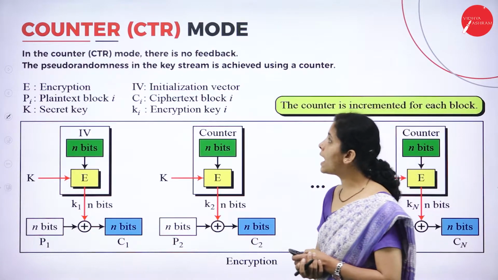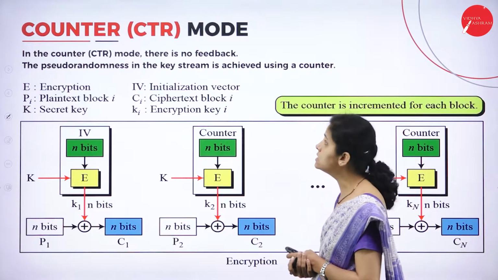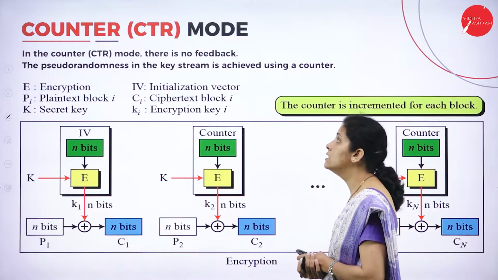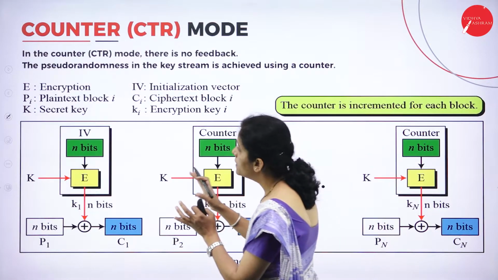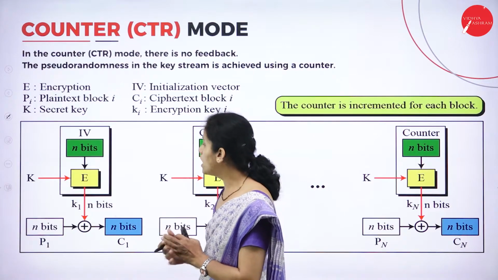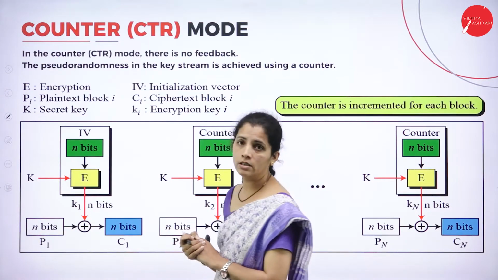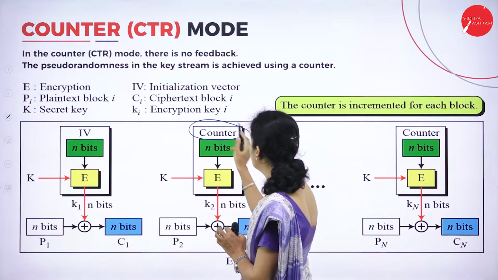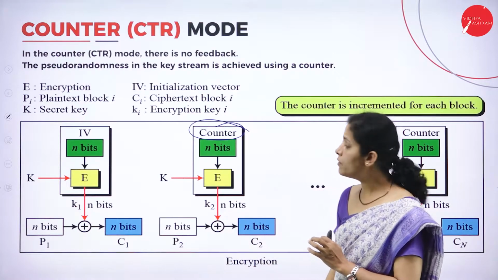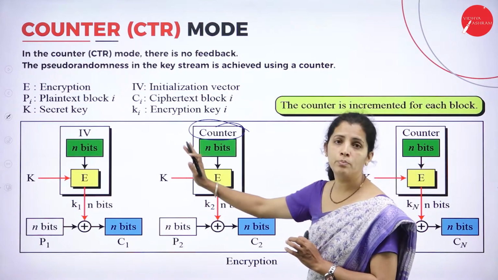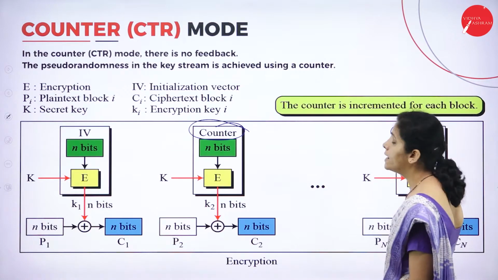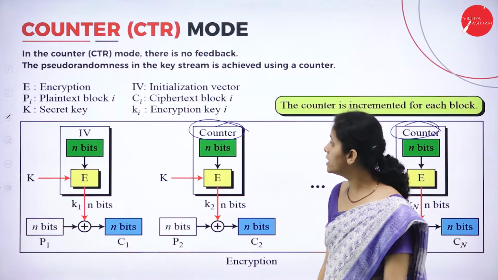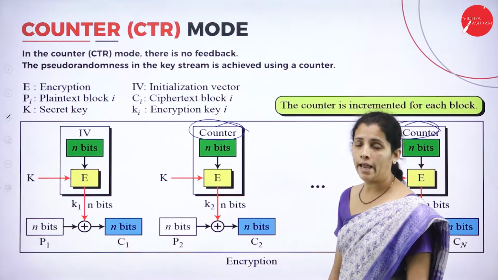Now I'm going to have counter mode, that is CTR. So here, in each block I'm going to have the counter. Instead of having plaintext or instead of taking input from the previous block, I'm going to have the counter, and this counter is going to vary from one block to another.